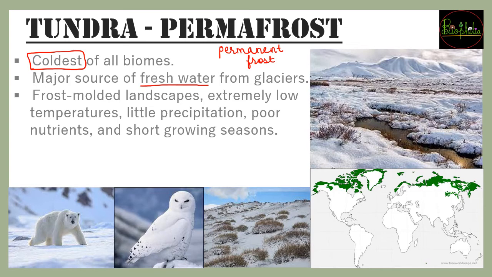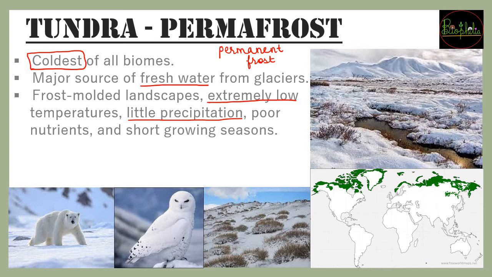So the Tundra region is a region wherein there are frost-molded landscapes. हर जगह पे white दिखेगा, everywhere you can see is snow. And here there are extremely low temperatures, it can be in minus degrees, and that brings very little precipitation क्योंकि वहाँ पे कोई evaporation नहीं होगा.